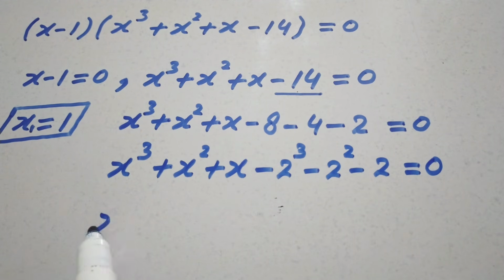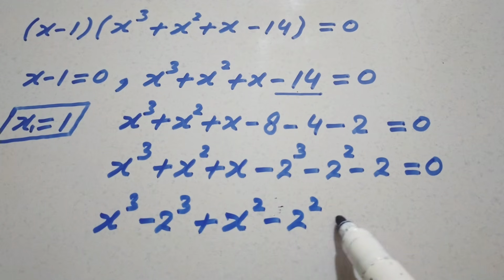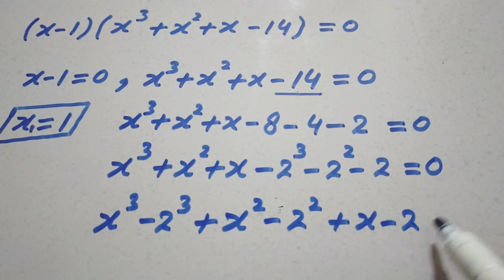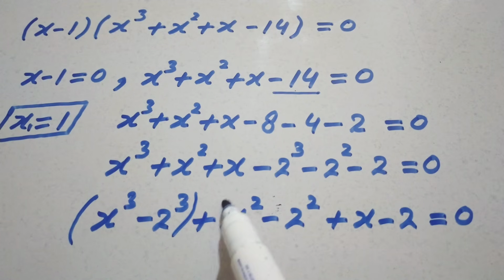Now rearranging: x cube minus 2 cube plus x squared minus 2 squared, and this x minus 2, is equal to 0. For our simplicity, we will take the bracket.